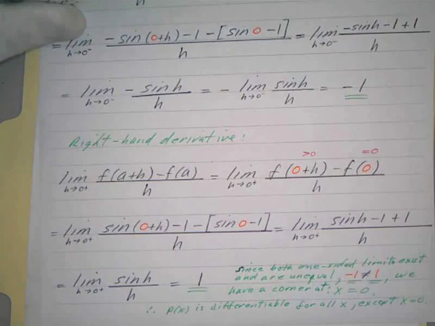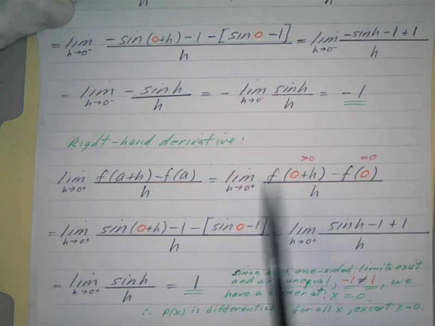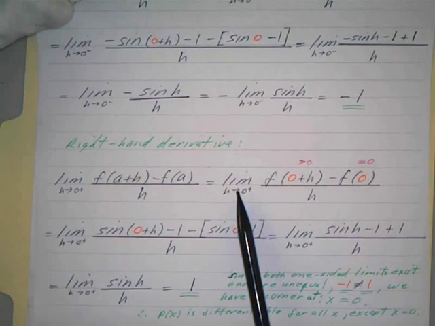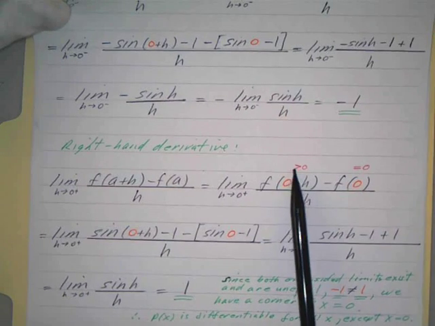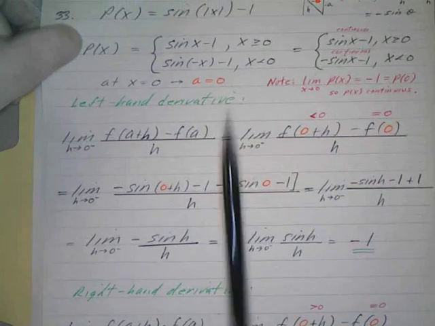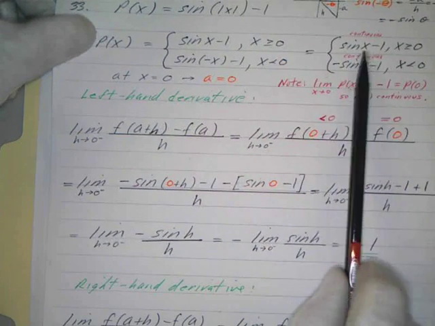Now I check the right-hand derivative. Same thing, except as h approaches 0 from the positive direction, this is a very small positive number added to 0, which will make it to the right of 0. So I'm going to be using this function for both, because it's to the right of 0.